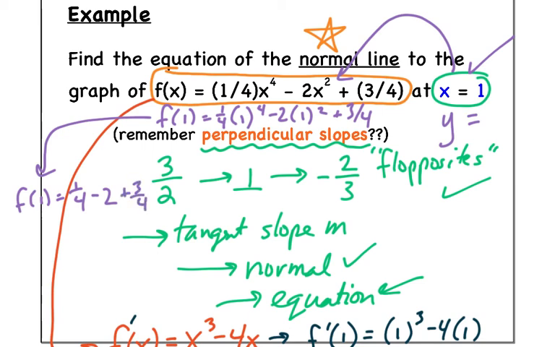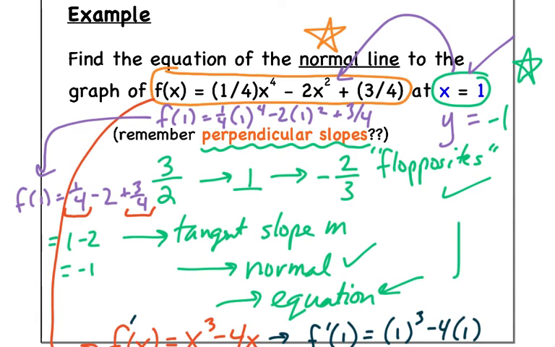Now I got some beautiful fractions here. I've got a 1/4 and a 3/4. That's 4/4, which is just 1. And so I'm just left with 1 minus 2, or negative 1. Okay, so over here on the right-hand side, when x is 1, the y is -1.